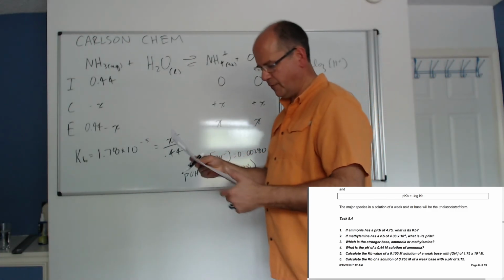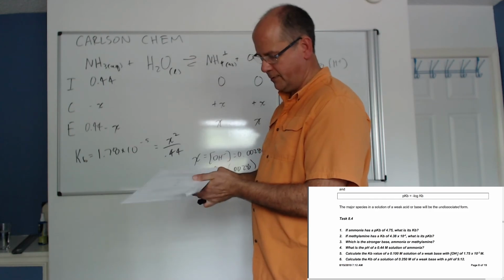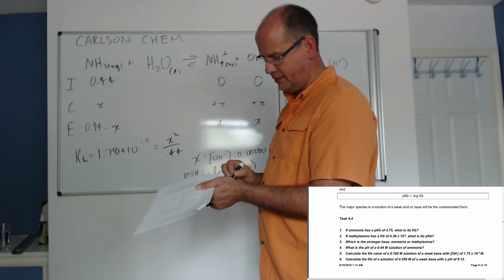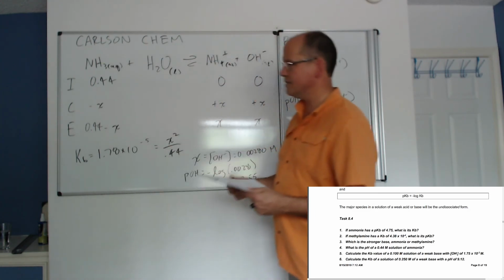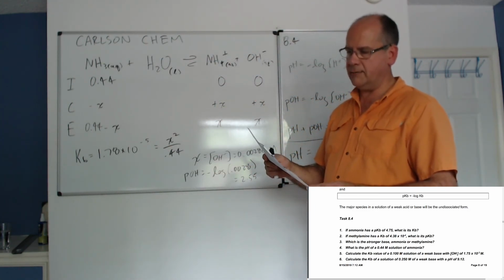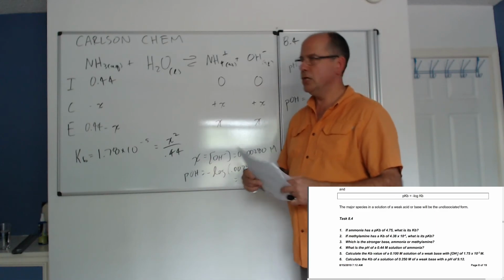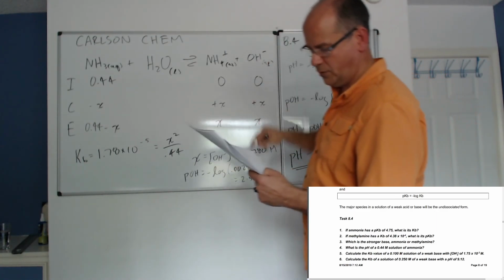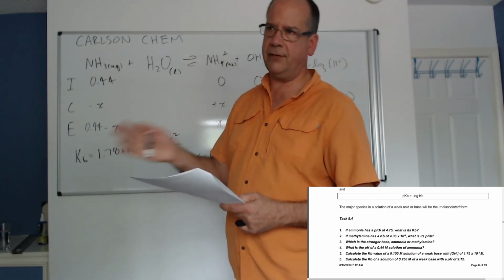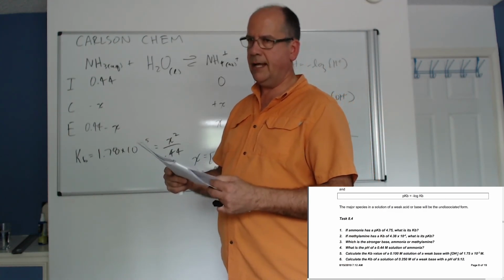All right. Before I do any more, well, I'm not going to do any more. Instead of doing 5 and 6, I'm going to leave 5 and 6 for you to do, and we can talk about them tomorrow. So try to do task 8.4, number 5 and 6. I've done everything else up until that point.